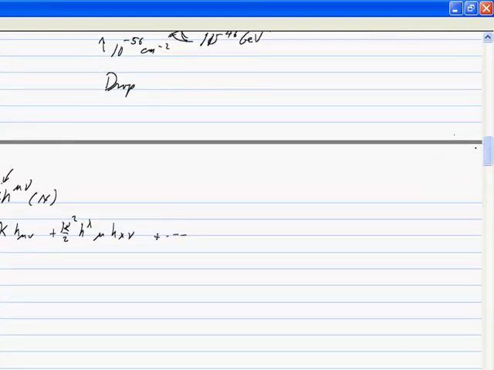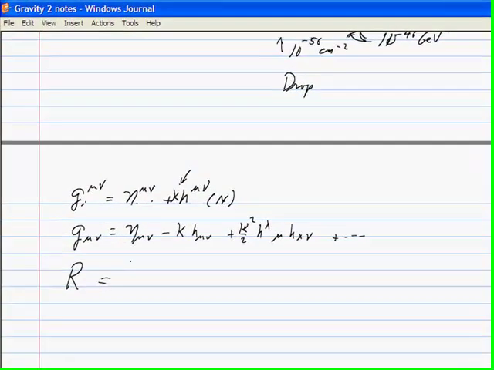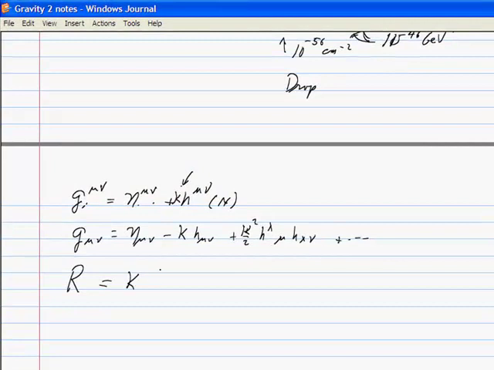Okay, if you do this, then R starts out with the term kappa box h lambda lambda minus d nu h mu nu. So there's the two derivatives.